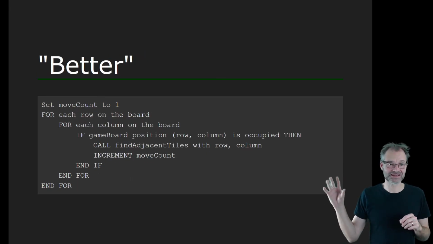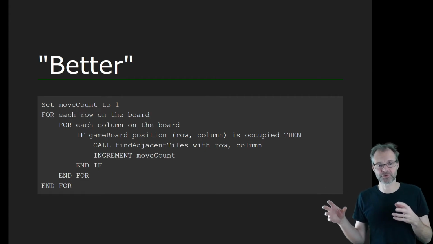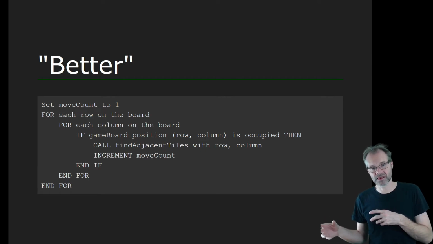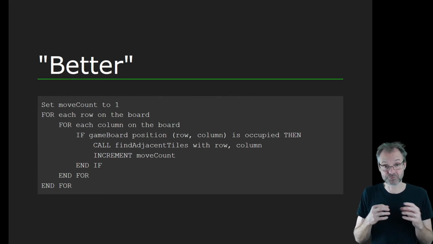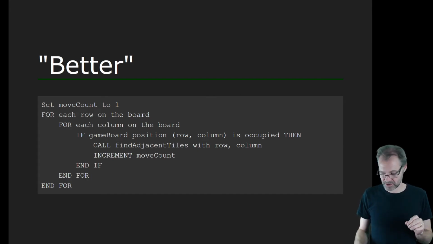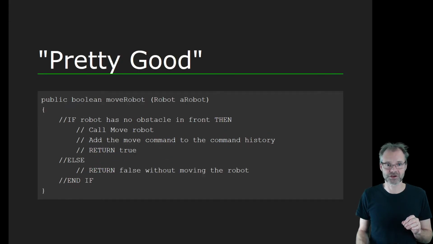You do think that this is a better way of writing it, so we see that we are using more natural language here. For each column of the board, if game board position is occupied, then. It's easy to read this more or less like a book. I do not need to go into my programming skills to read what is actually happening in this pseudocode.